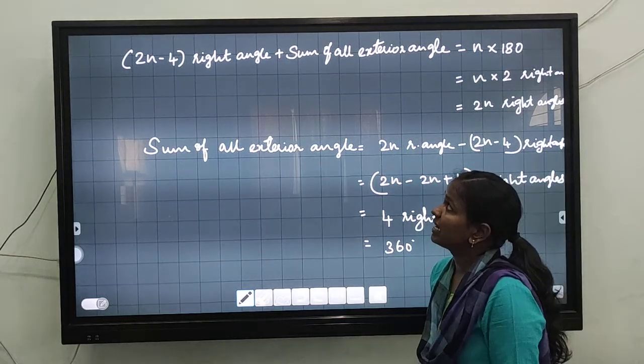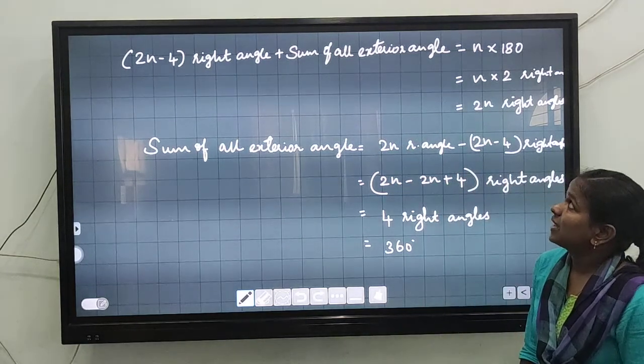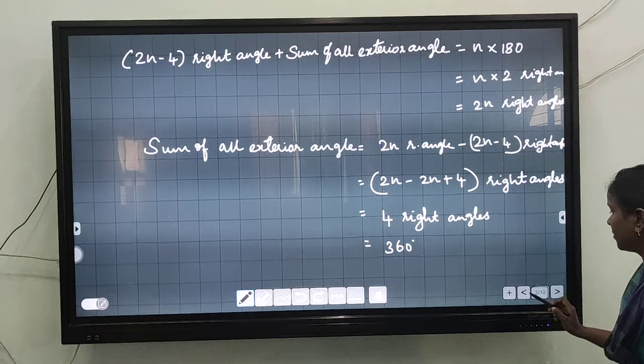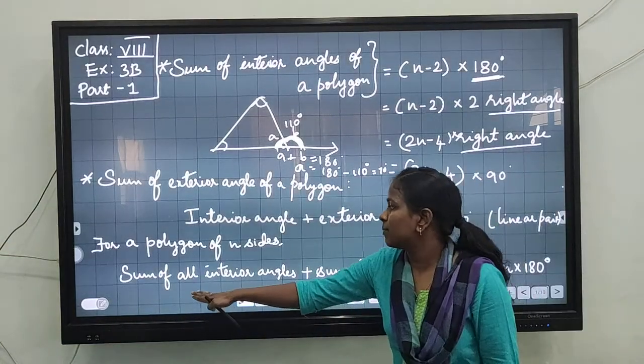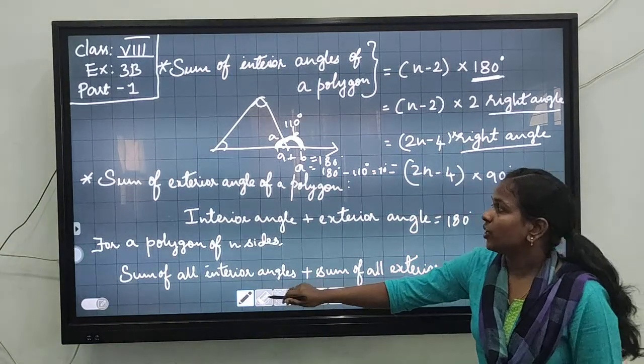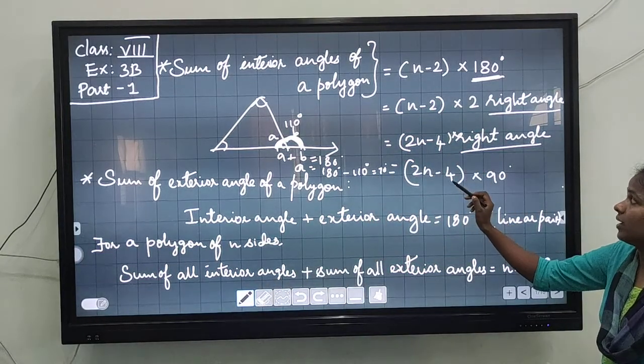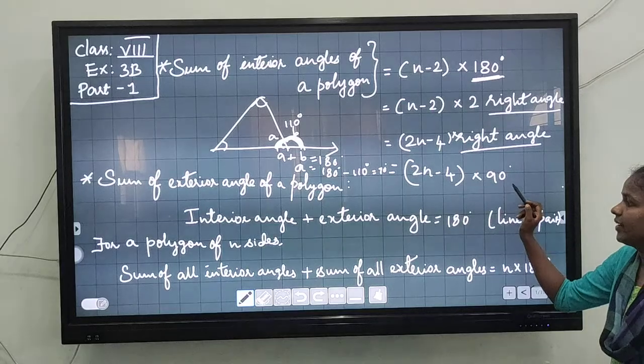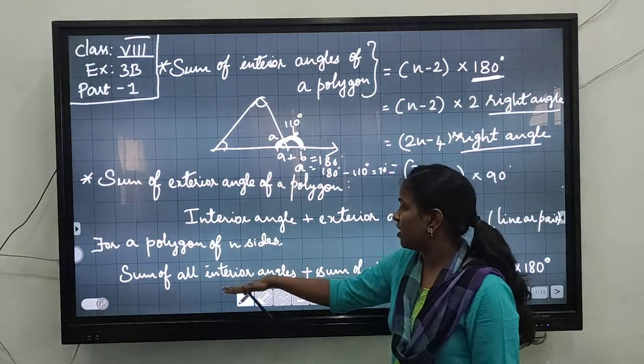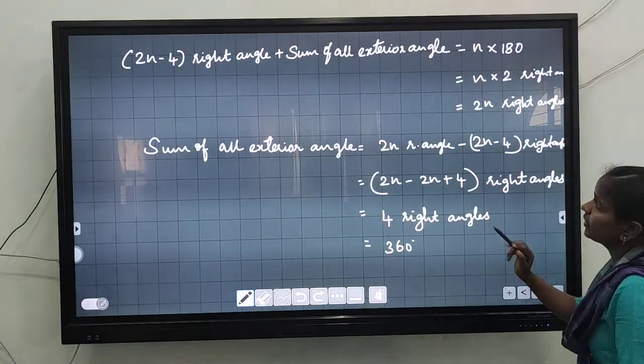Next one, (2n minus 4) right angles plus the sum of all exterior angles. Listen, here we are writing the sum of all interior angles. You know the sum of all interior angles formula is (2n minus 4) multiplied by 90 degrees.